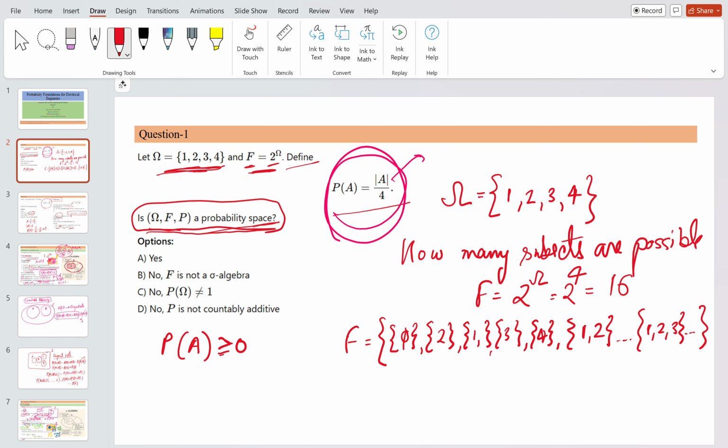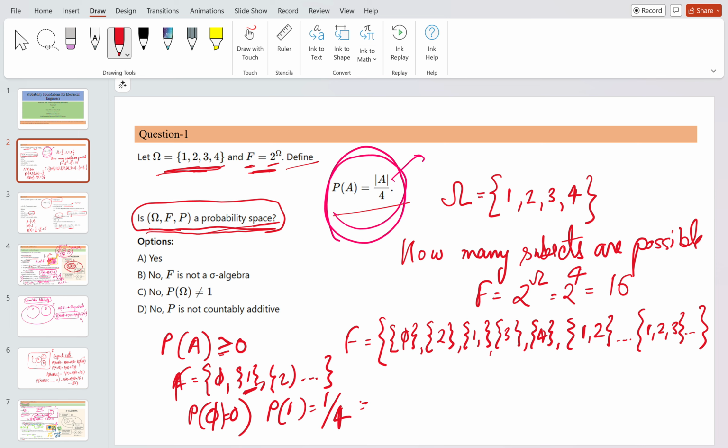That is there because the elements are possible in the subsets of F. The probability of the empty set will be equal to 0, and the probability of {1} is 1 by 4, because the element is 1, that is 0.25. When you add it up, the union will be equal to 1.